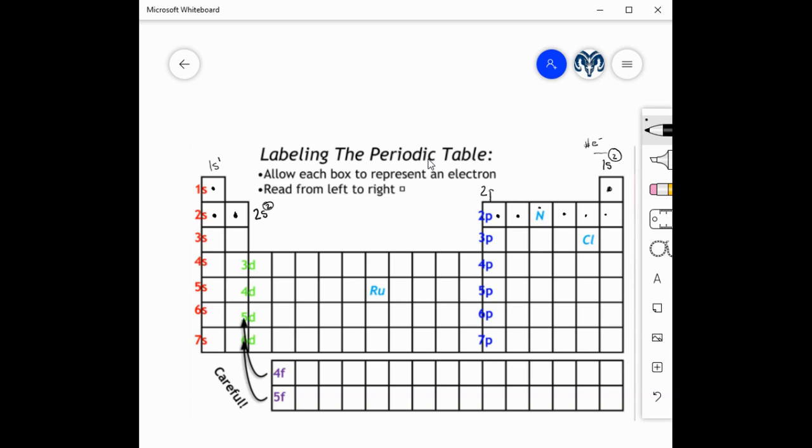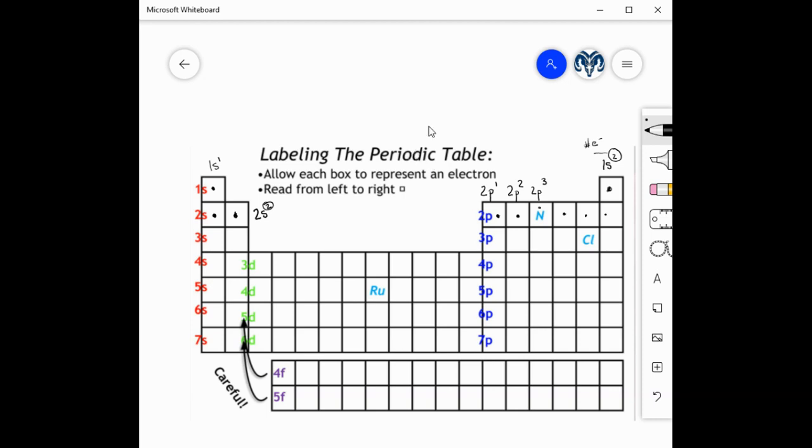We're in the p orbital, and we have 1 electron. The next one is 2p, but we're going to add these electrons together, so it's 2p2. The next one is 2p, and I've got 1, 2, 3 electrons.